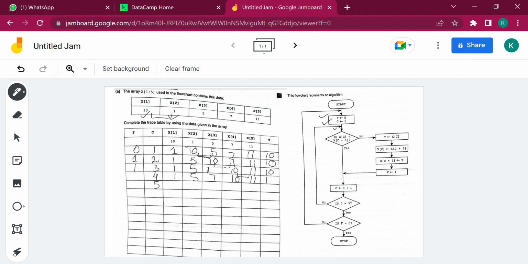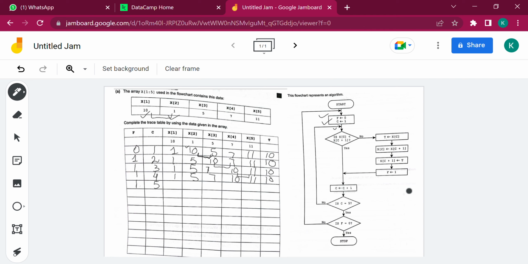No swapping is here, so we are shifting to this line. Is c equal to 5? Yes. And if c is equal to 5 and f is equal to 0, we are going to put the flag here. Is c equal to 5? Yes. Is f equal to 0? No, f is not equal to 0.